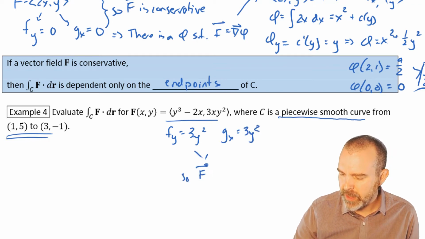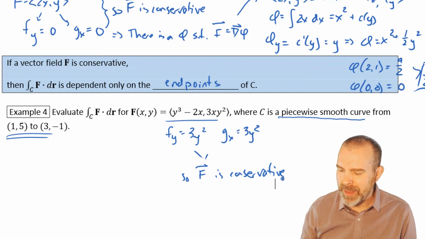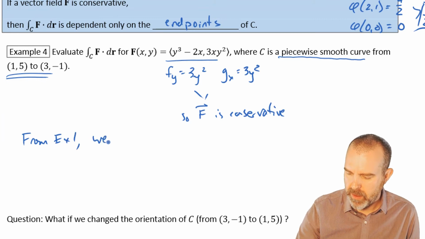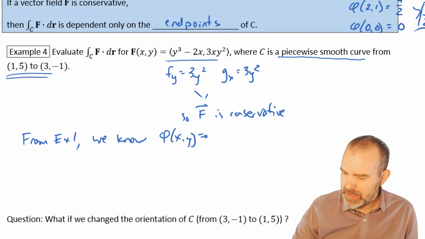So our vector field is conservative. And then from example 1, we actually know the phi. I wrote it down here. It is xy cubed minus x squared.